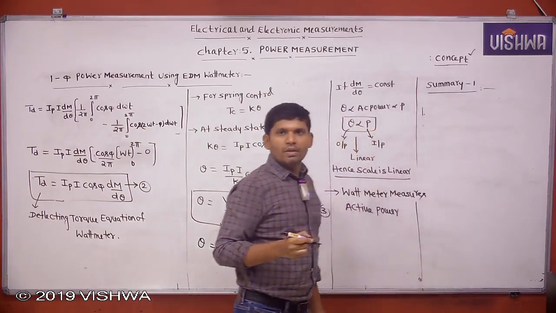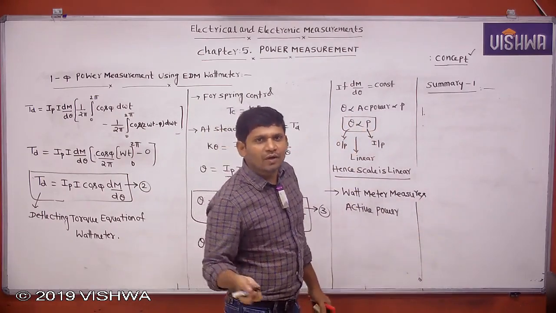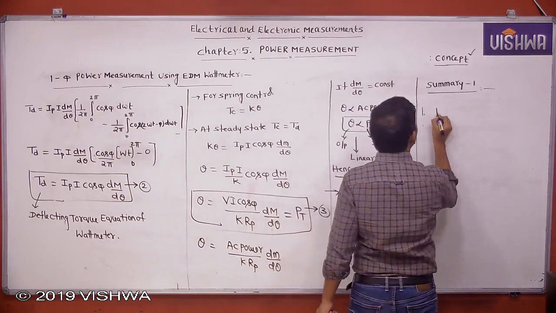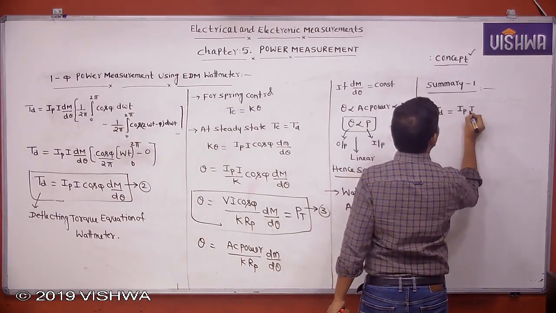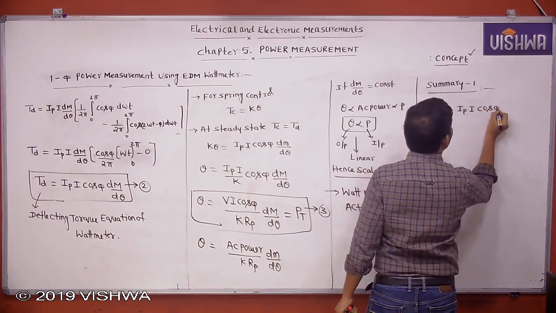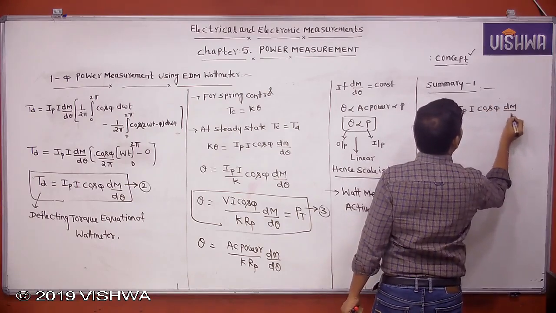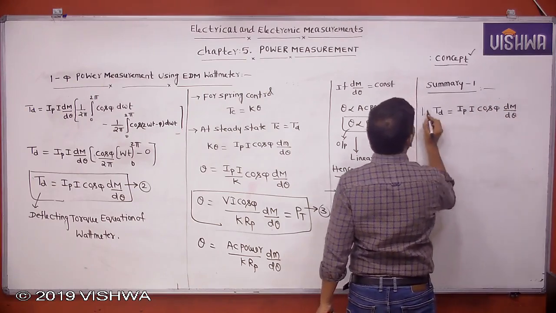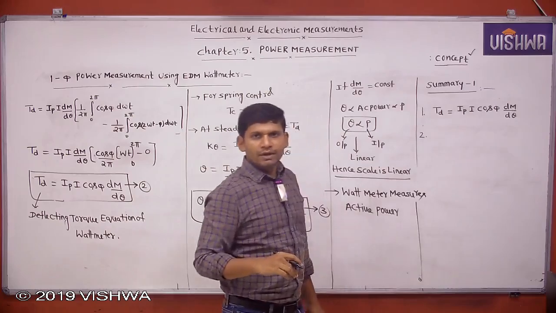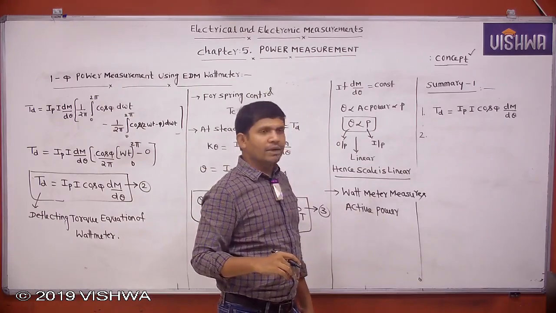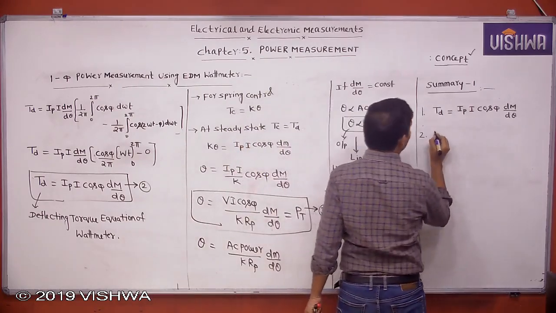First one. What is the deflecting torque equation of EDM wattmeter? The deflecting torque TD equal to IP into I into cos phi into dM by d theta. Then what is the true power expression?